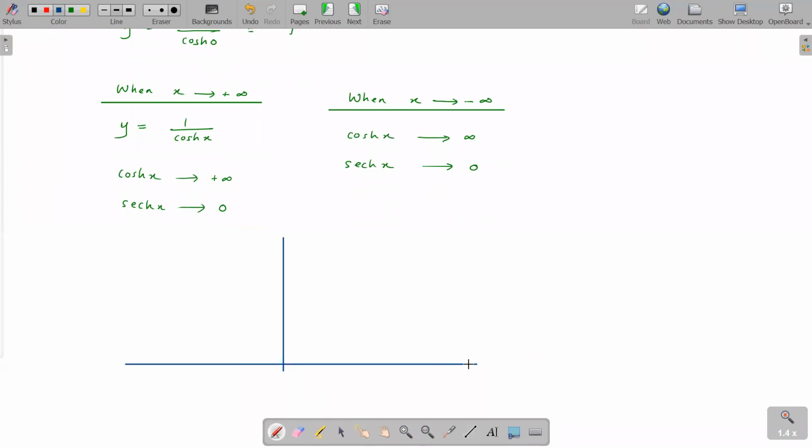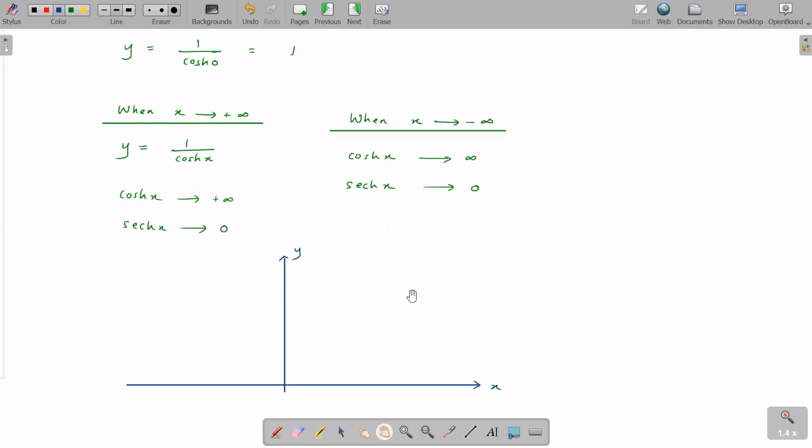Okay, so this is the x-axis. Then, guys, we had one point: when x is 0, y was 1. As x approaches positive infinity, the sech x graph is approaching 0.